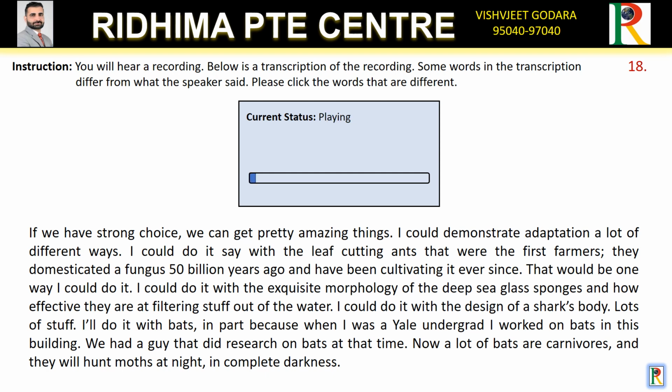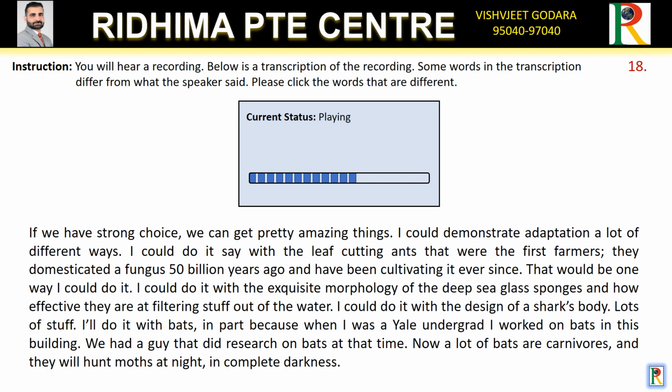If we have strong selection, we can get pretty amazing things. I could illustrate adaptation a lot of different ways. I could do it, say, with the leaf-cutting ants that were the first farmers. They domesticated a fungus 50 million years ago and have been cultivating it ever since. I could do it with the exquisite morphology of the deep-sea glass sponges and how efficient they are at filtering stuff out of the water.